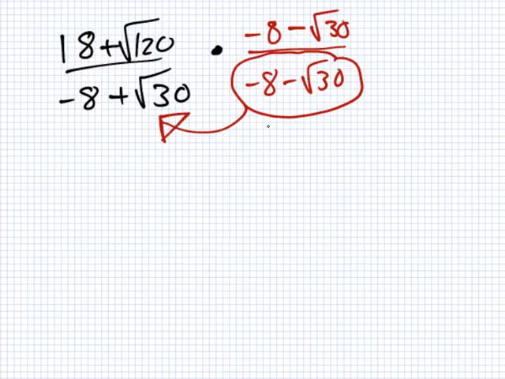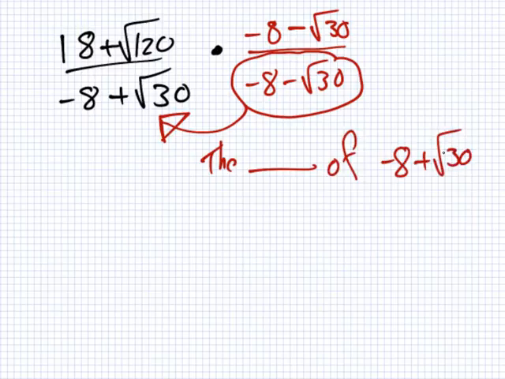Yeah, it's the denominator, but this is a special type of denominator compared to this one. In other words, this is called the something of minus 8 plus root 30. Not reciprocal.